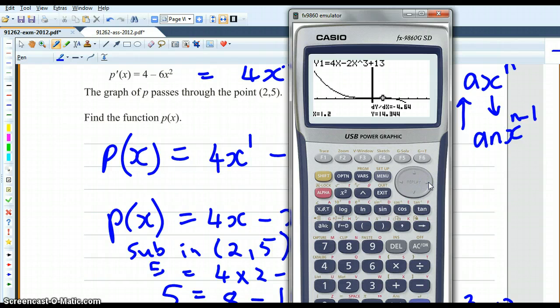Let's go at the 2, just for argument's sake. At the 2, the gradient is negative 20. So if we plug 2 into this, then we've got 2 2s are 4, 6 times 4 is negative 24, 4 minus 24 is negative 20, so the gradient is negative 20. So I can prove on my calculator, really, that I have got it right.